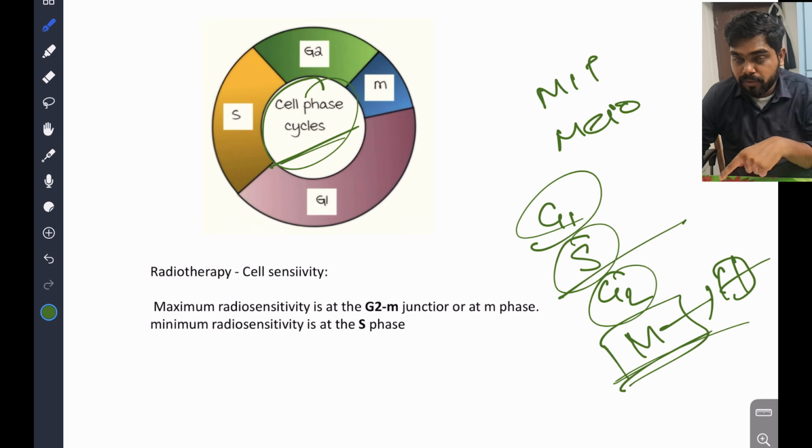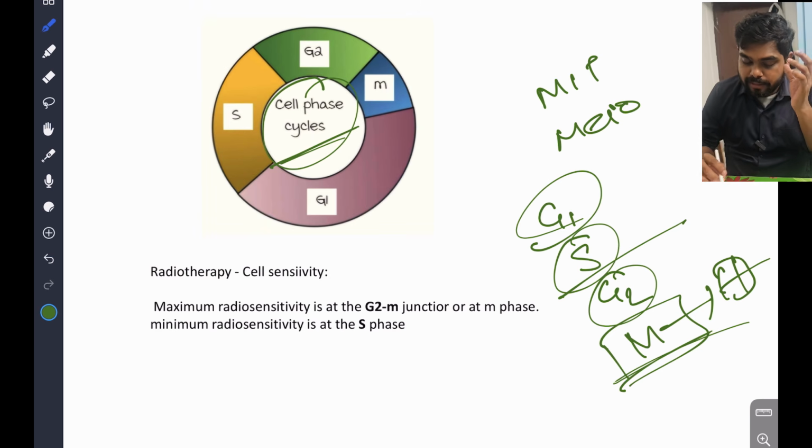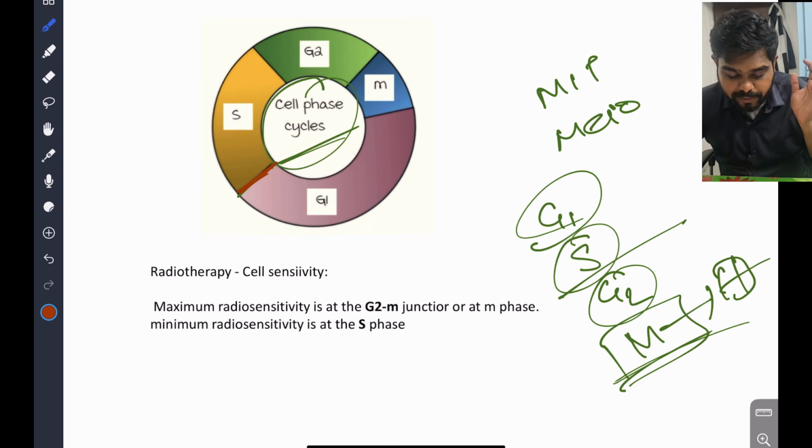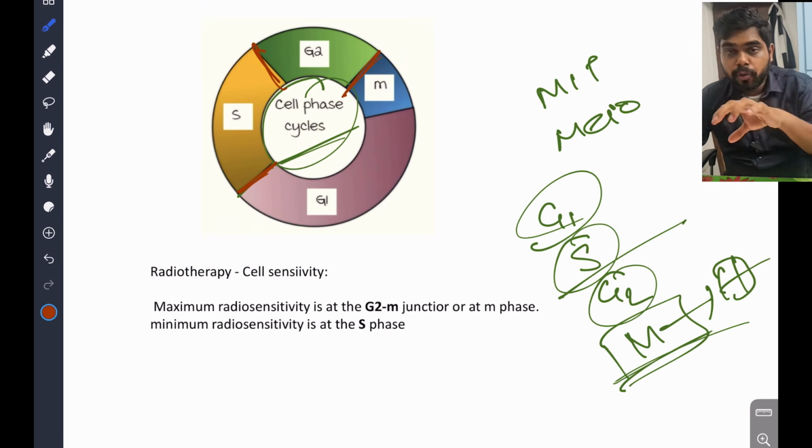In preparation for cell division, we have to synthesize and replicate cellular materials: growth phase, synthesis phase, all of it. So you can see G1 phase, S phase, G2 phase, M phase, with the interphase covering the earlier ones. Whenever we do radiotherapy, we have to be careful.